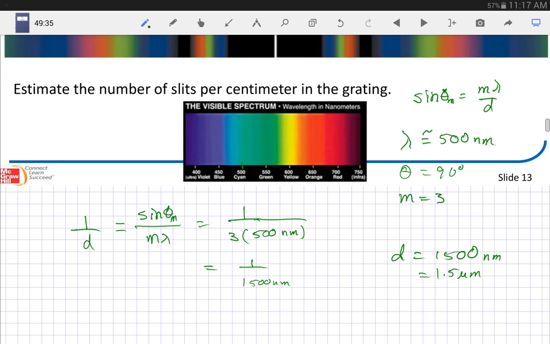They want it in slits per centimeter, so if I change that to centimeters, that would be 1.5 times 10 to the minus 4 centimeters, so this is 1 over 1.5.